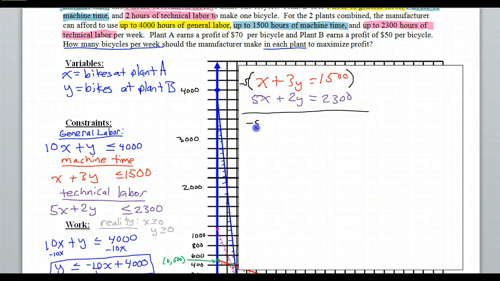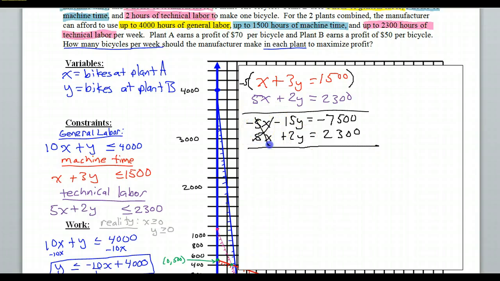That's going to give me negative 5x minus 15y is equal to, let's see, I better do this in my calculator, negative 5 times 1,500. So that's going to be negative 7,500. The bottom equation didn't change, so I'm just going to copy that down. So 5x plus 2y is equal to 2,300.